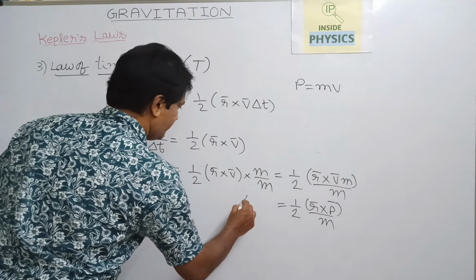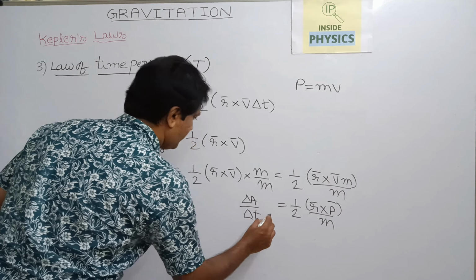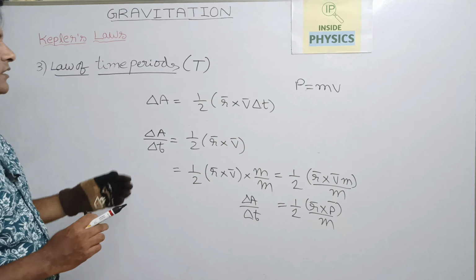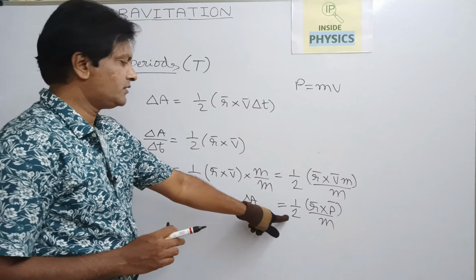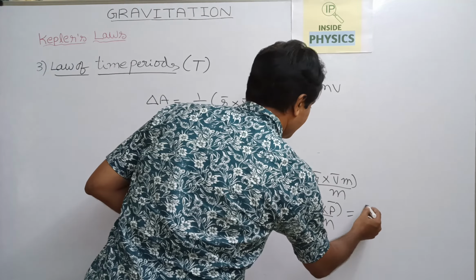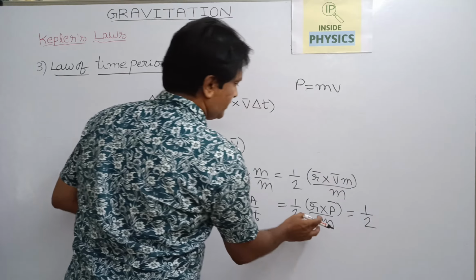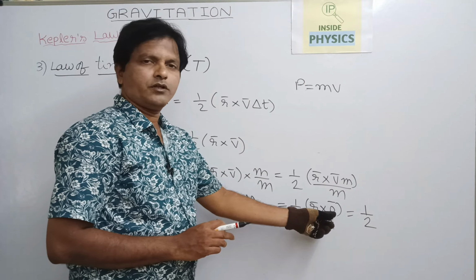So delta A by delta t, the area swept out by the line joining the sun to the planet in a time interval delta t, is given by this, and this can be written as half into the position vector into linear momentum.